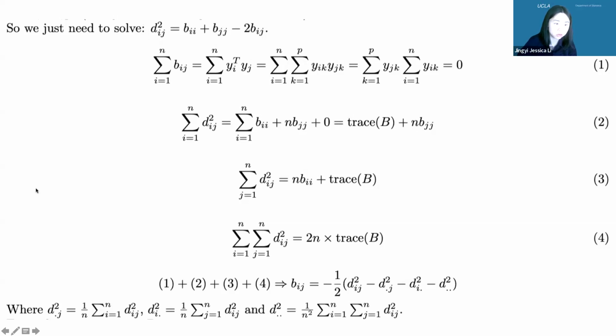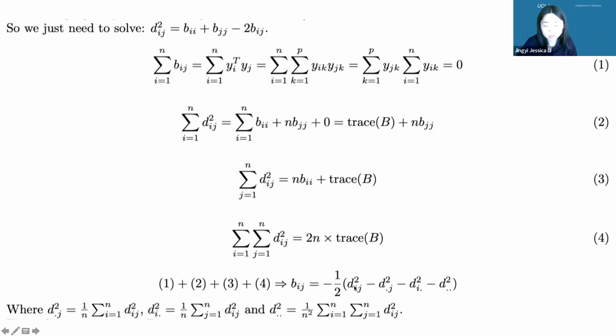If we take the summation over j instead, by symmetry we get n times Bii plus the trace of B. Finally, if we take the double sum of Dij squared, we get 2n times the trace of B. So these 4 equations allow us to solve Bij based on the D's.